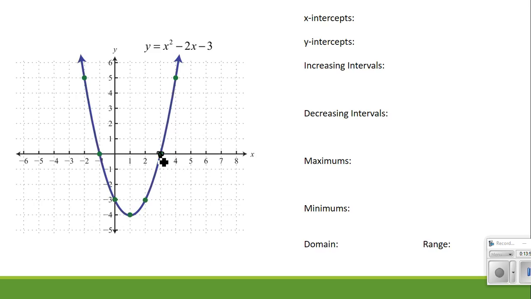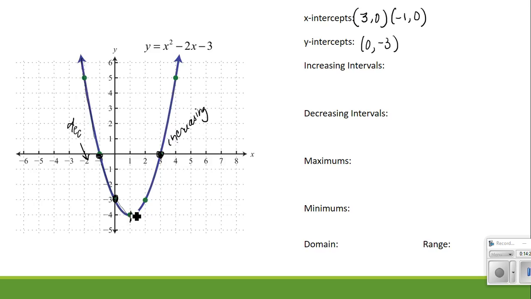X-intercepts, that would be (3, 0) and (-1, 0). Where did they cross the y? (0, -3). Increasing intervals, well, if I stand here and I get down to here, I am decreasing. And then when I get to here and I go up, I'm increasing.